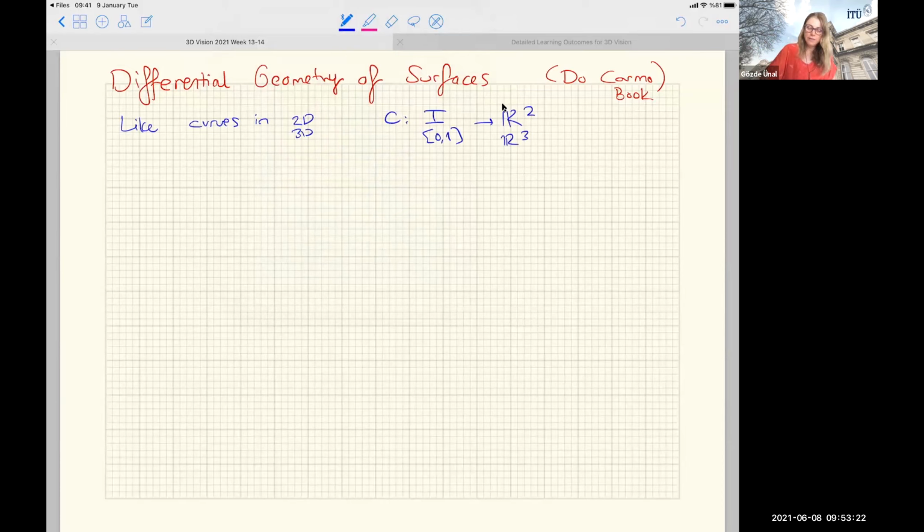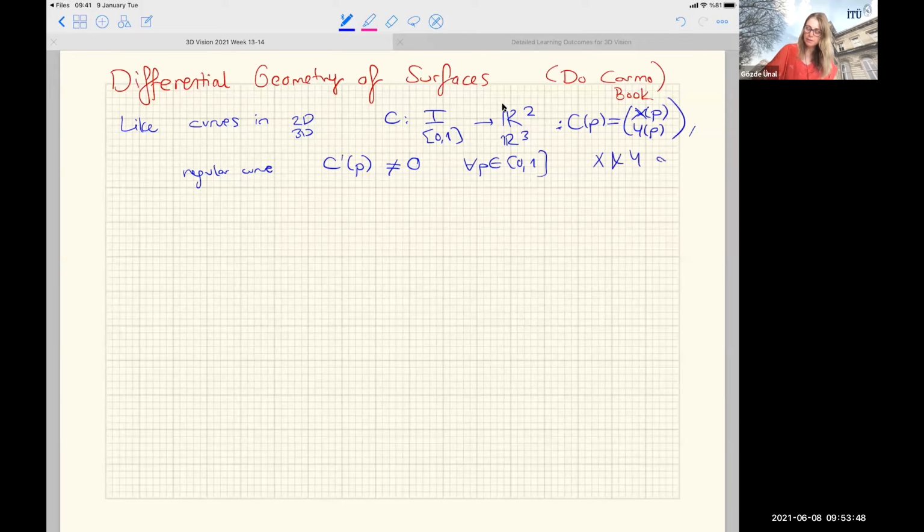We were saying a regular curve's tangent vector should be defined for all p. And here C(p) was, let's say in 2D, x(p), y(p), and these x and y should also be continuous functions on the interval I.